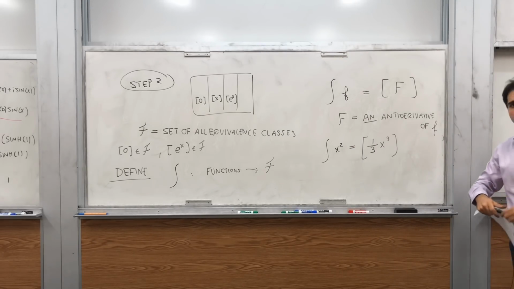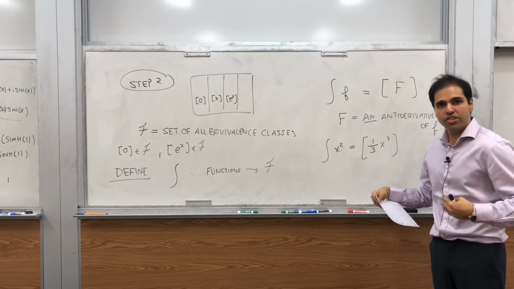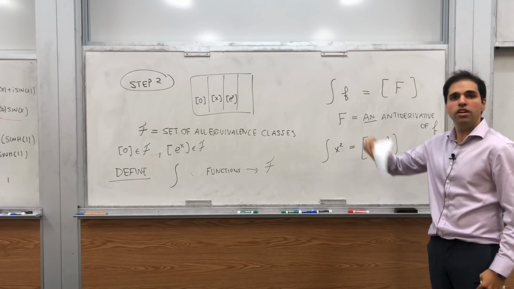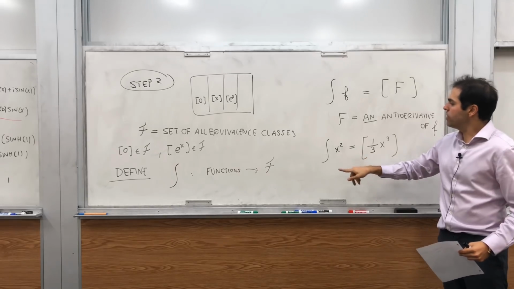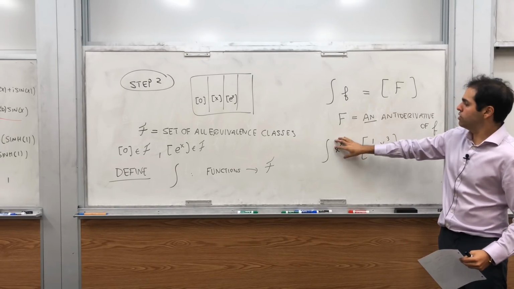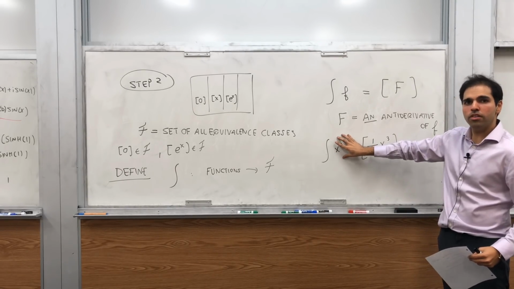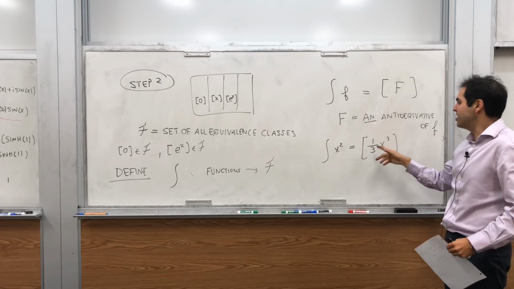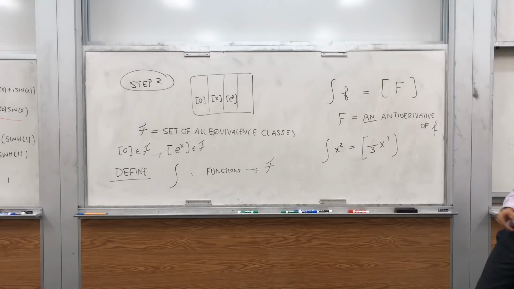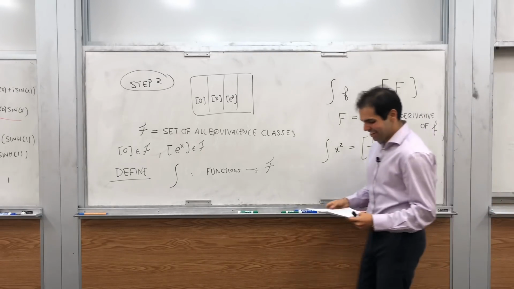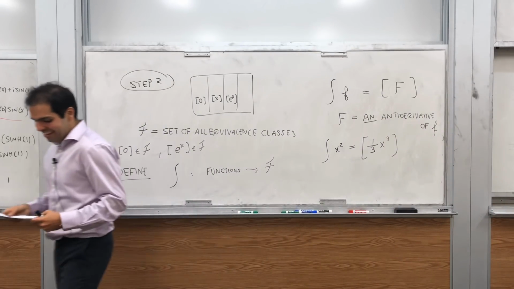So in other words, it takes a person or a function as input and gives you the class of the antiderivative. It takes, in this case, the citizen x squared as an input and assigns it the country of 1/3 x cubed. It says, hey, you have to go to this country. It's not very nice, but that's how it is. Okay?